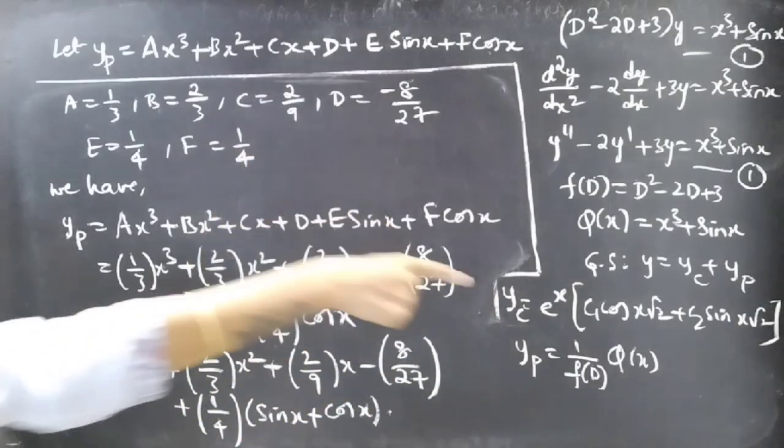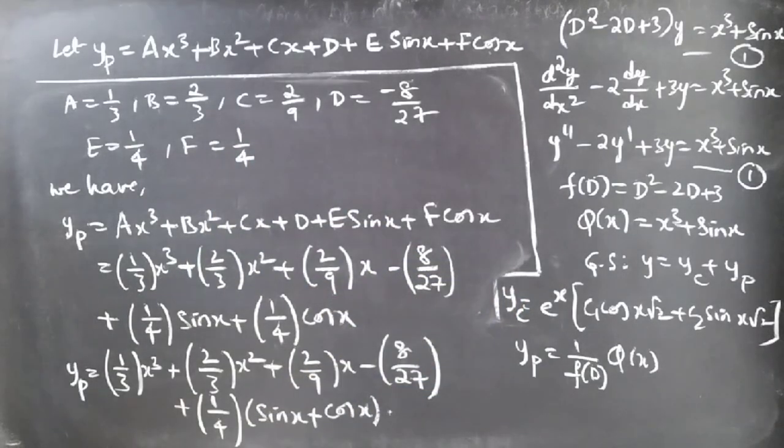Let's now find the general solution using y equal to yc plus yp.